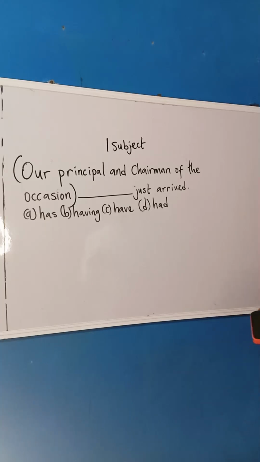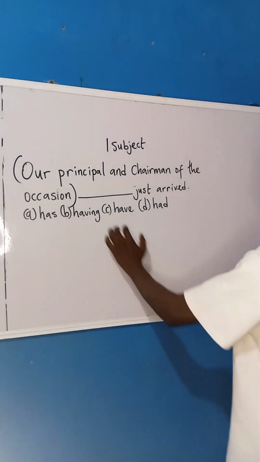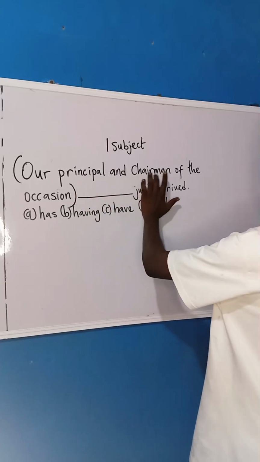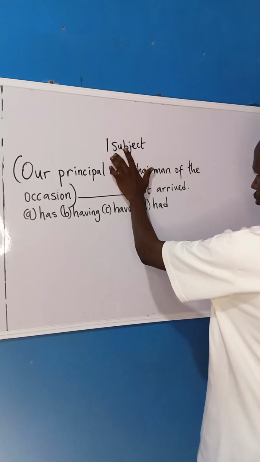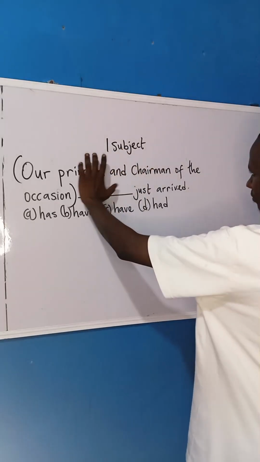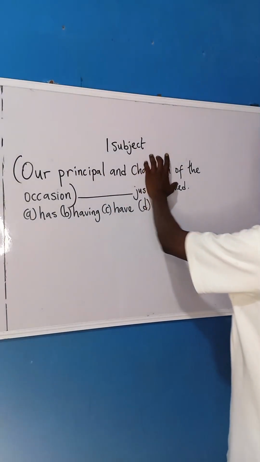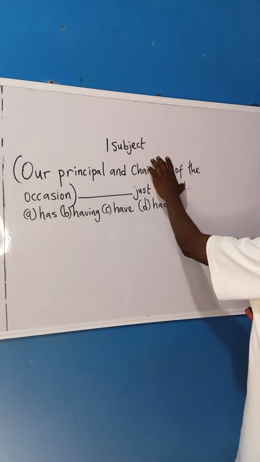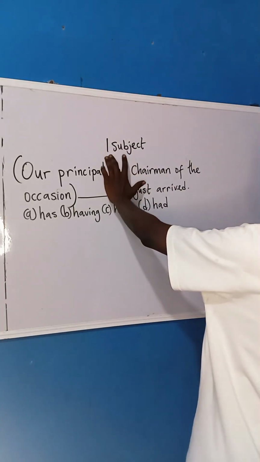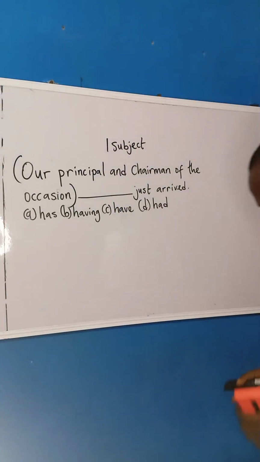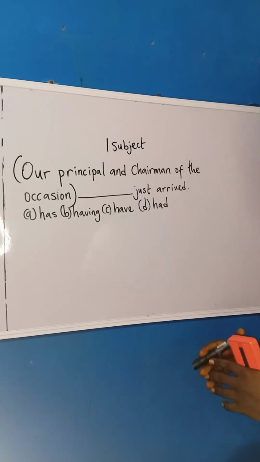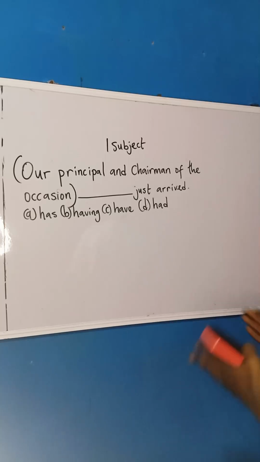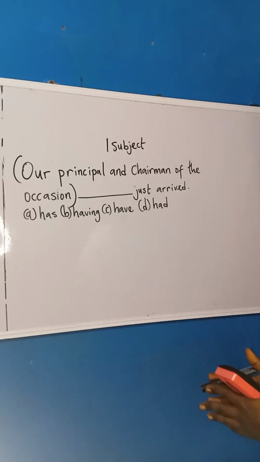So, if you want to answer this one now, since I told you that principal is the same as chairman, it is one person holding the position of being the principal and also the chairman. So, if it is one subject, a person, you may be a teacher and also a writer. Understood, right?